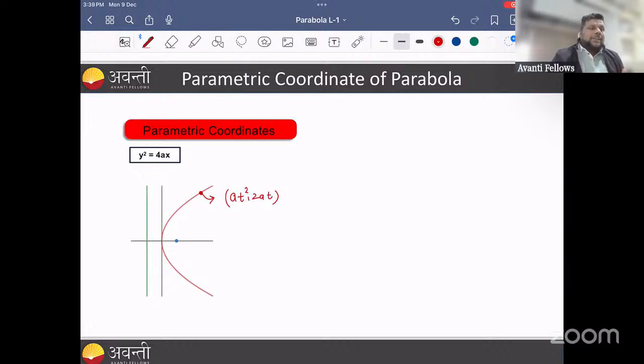Now you keep on placing different values of t, and you keep on getting different points on the parabola. Am I clear? So it is y square equals 4ax. Done?